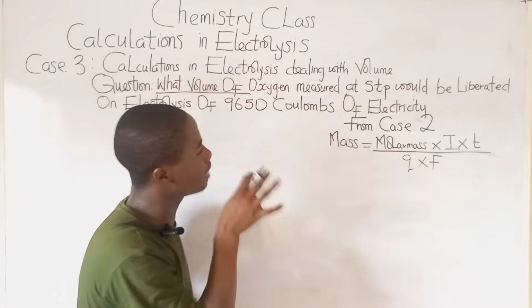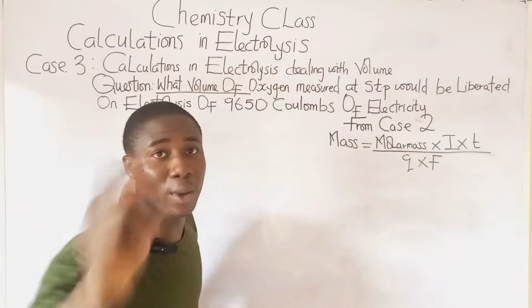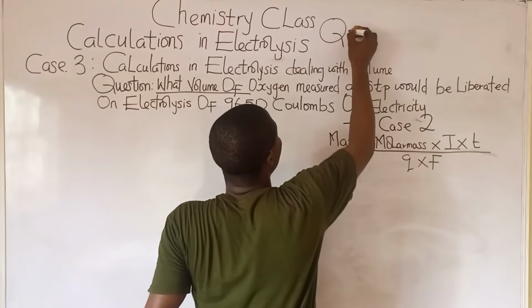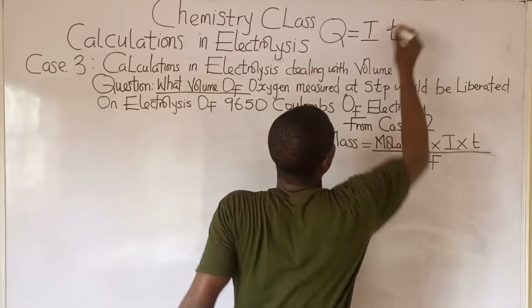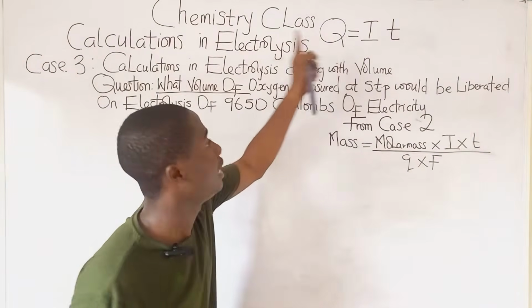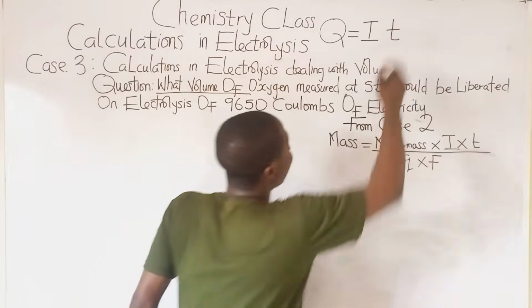So I want to derive this formula for electrolysis calculations dealing with volume. So we have to note this. You have to remember this also. In science, Q is equal to IT. Now, you want to ask, what does this capital Q mean? This capital Q means quantity of electricity.